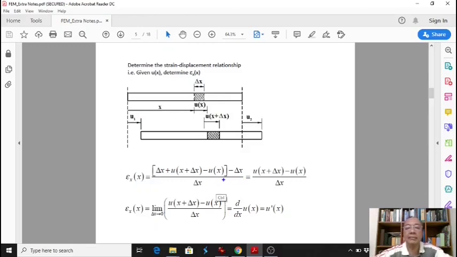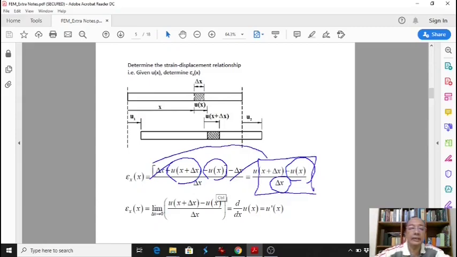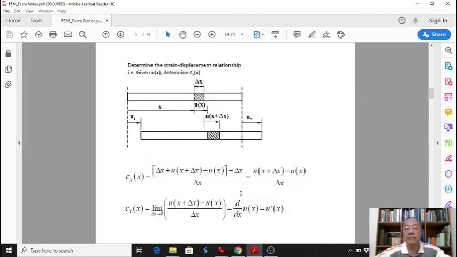After we simplify, the delta x cancels, and what remains is u of x plus delta x minus u of x, per delta x. All this represents the strain.